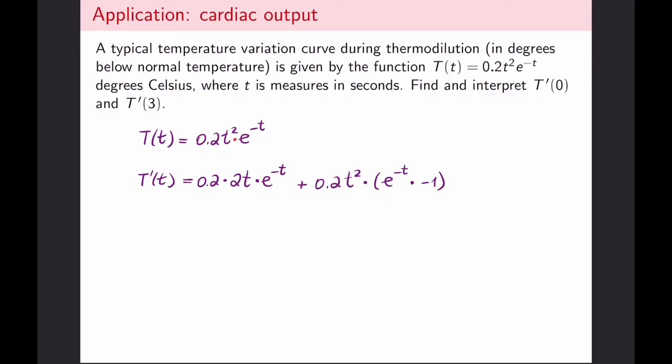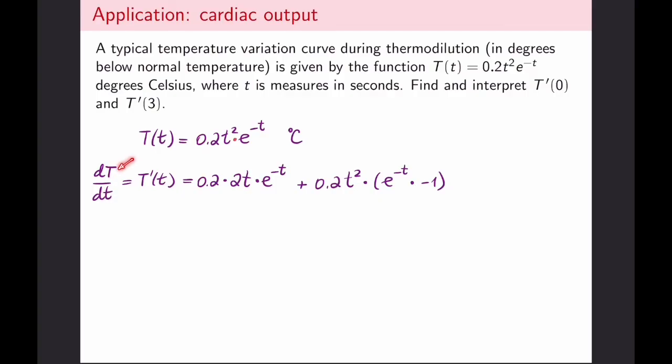So first of all, before I even start plugging in numbers, I can start thinking about what are the units of this function's derivative now. The units of the original function were degrees Celsius. The derivative now is taken with respect to t, which is measured in seconds. Sometimes the other notation is easier to think about when you want to think about units: dT by dt.